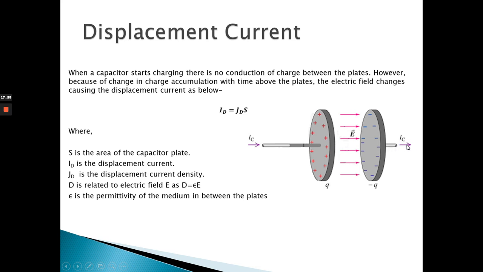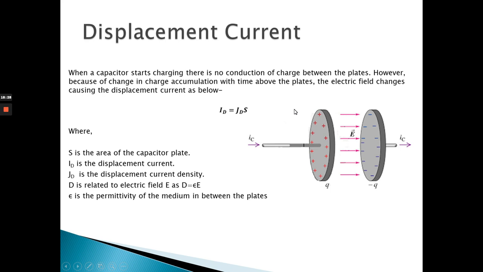This is called the displacement current, which only occurs in dielectric materials, because we need a dielectric medium here to increase the electric field between these two capacitor plates. You know these things already, but I put them here for your convenience.